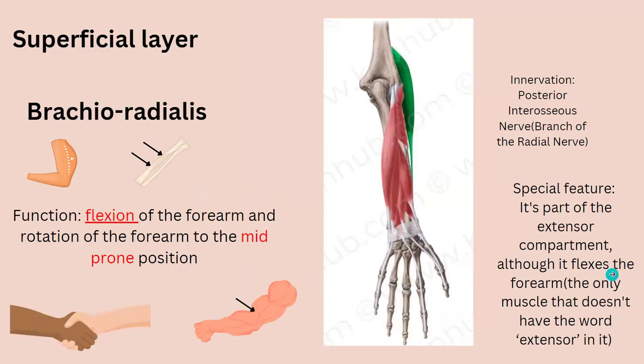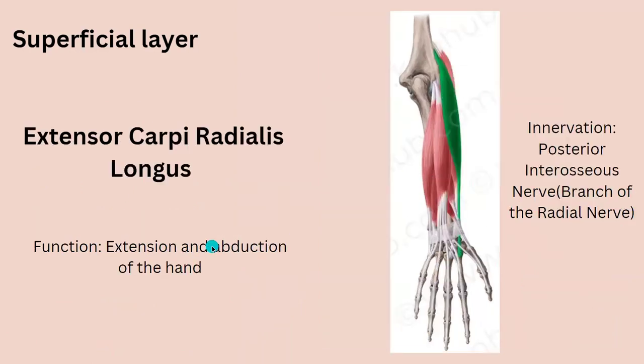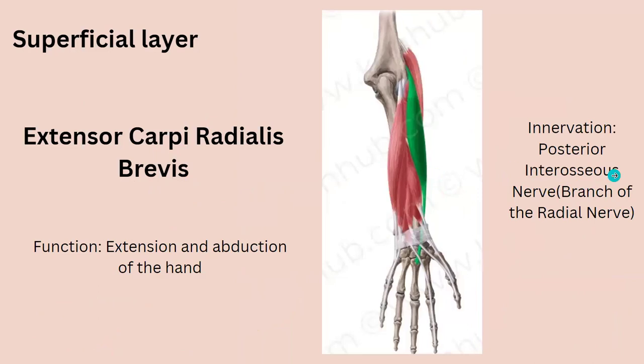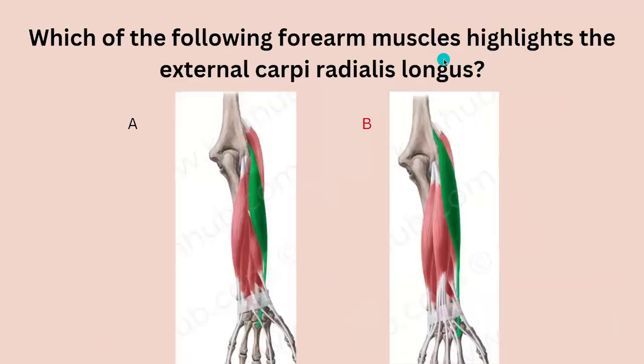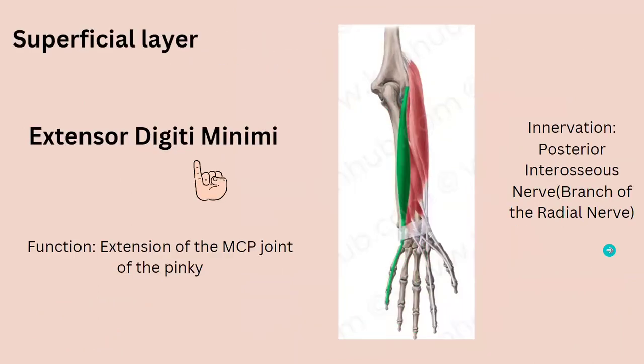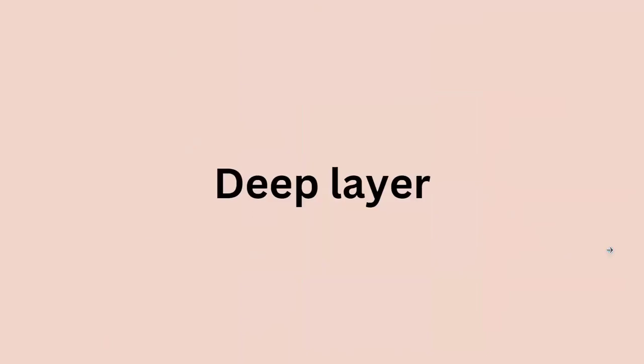It's in the extensor compartment, although it does not extend. It flexes the forearm. Extensor carpi radialis longus, posterior interosseous nerve. Extensor carpi radialis brevis, posterior interosseous nerve. Extensor digitorum, posterior interosseous nerve. So all of the muscles of the posterior compartment in the superficial layer are innervated by the posterior interosseous nerve.